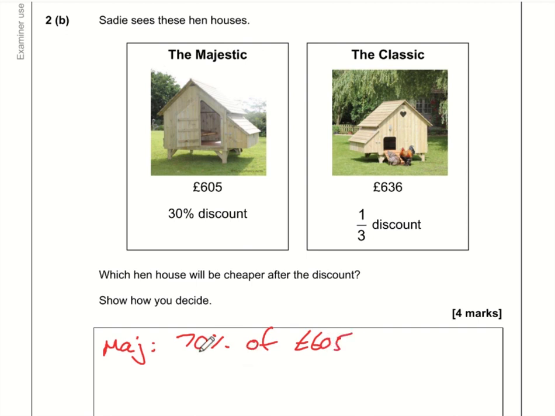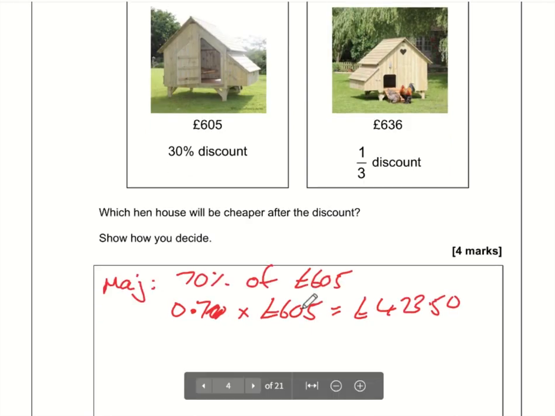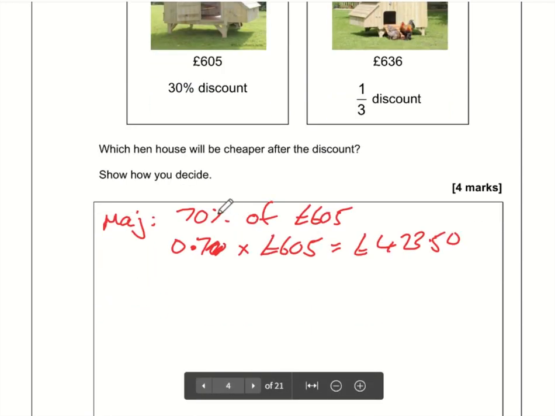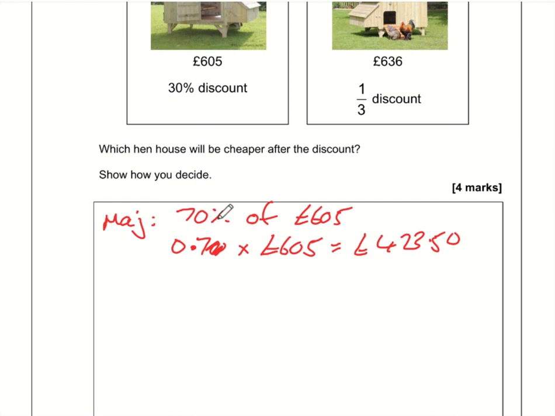Now to calculate 70% of an amount, you need to multiply the amount by 0.7. So I'm multiplying 605 by 0.7 and that comes to £423.50. If you don't know where the 0.7 comes from, we call that the percentage multiplier. It's the decimal equivalent of 70%. It is 70 divided by 100.